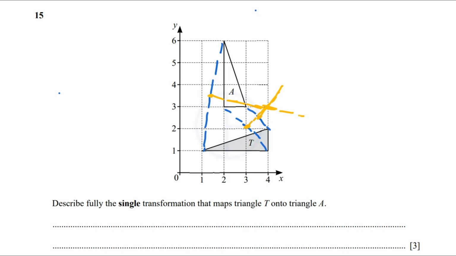The point of intersection of these lines is the center of rotation. So the object is rotated 90 degrees clockwise and the center of rotation is 4, 3.